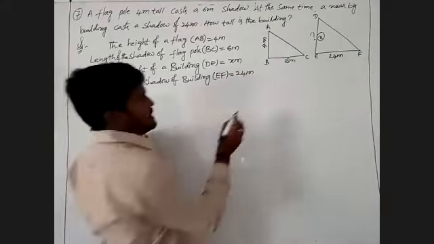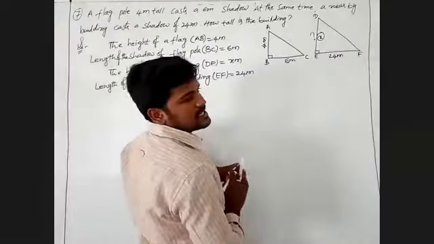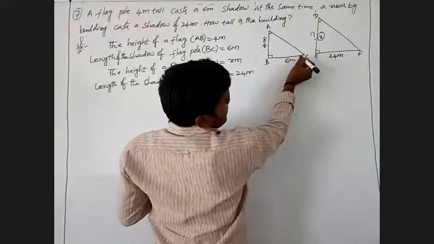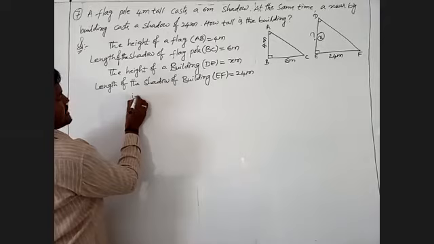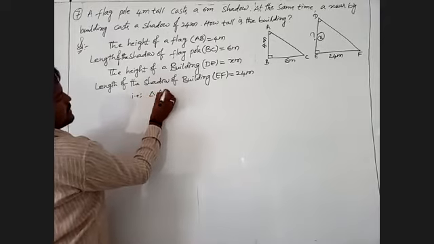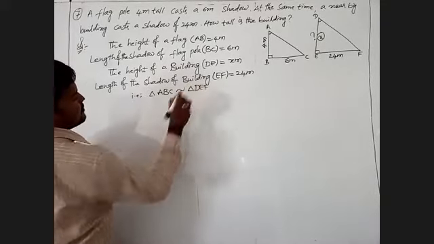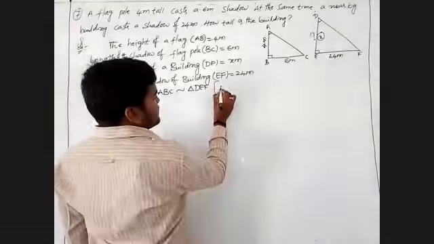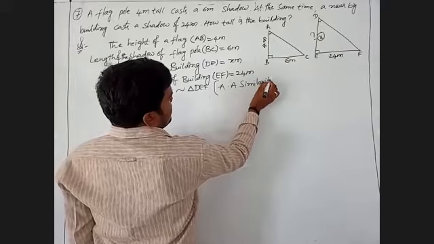We observe in these two triangles, angle B is equal to angle E is equal to 90 degrees, and also angle C is equal to angle F. That means the given triangles are similar. That is, we will write triangle ABC is similar to triangle DEF by using AA similarity.